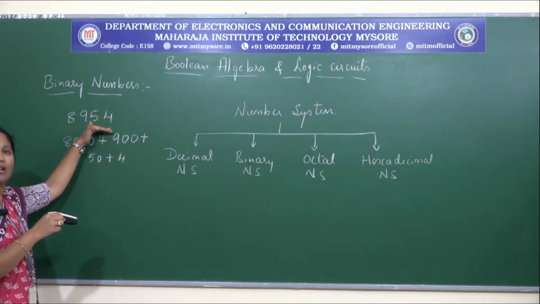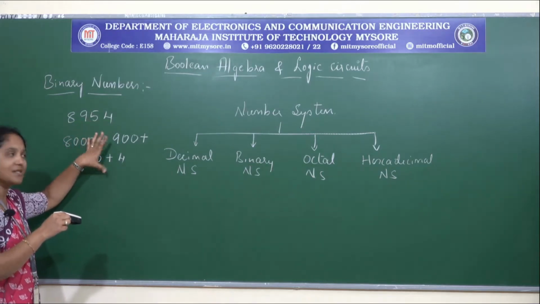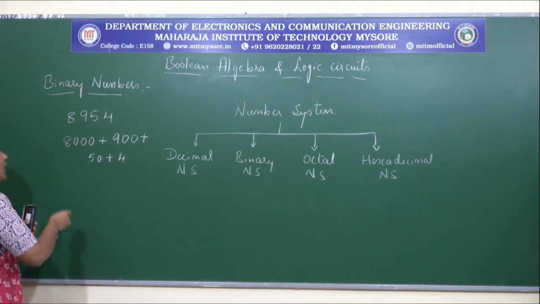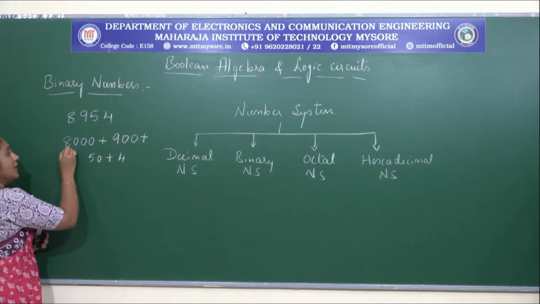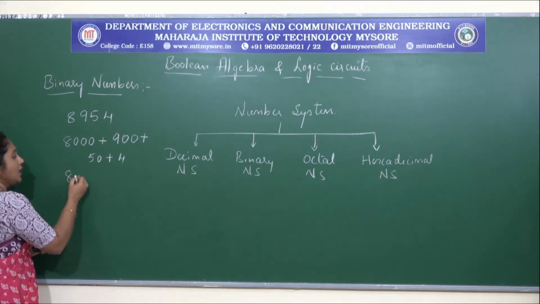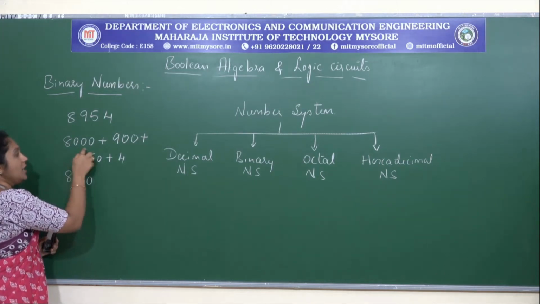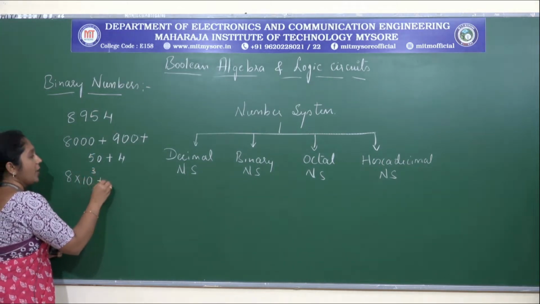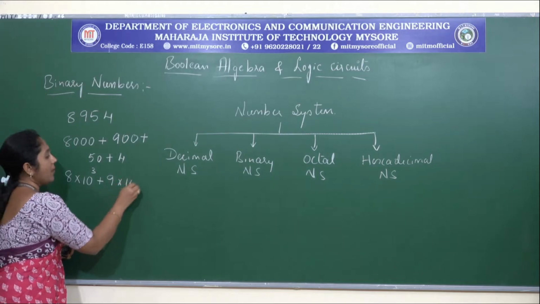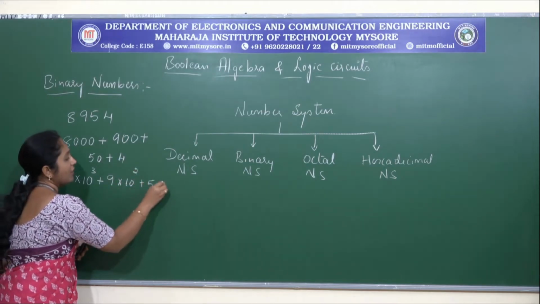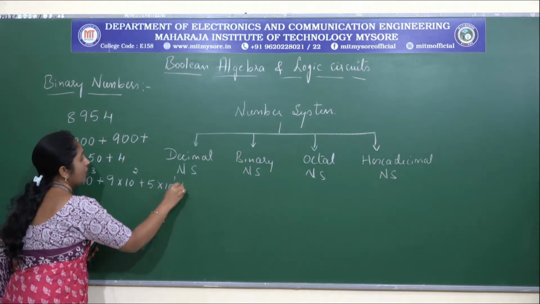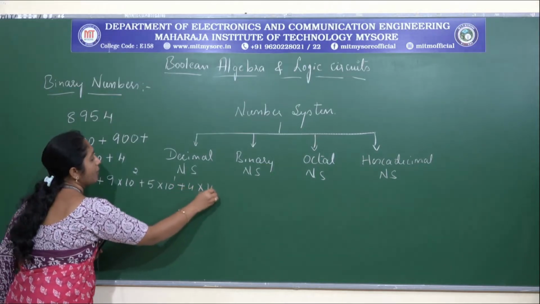This is the compact form in the decimal number system. If you observe, this can be written in another format as 8 into 10 to the power 3 plus 9 into 10 to the power 2 plus 5 into 10 power 1 plus 4 into 10 power 0.